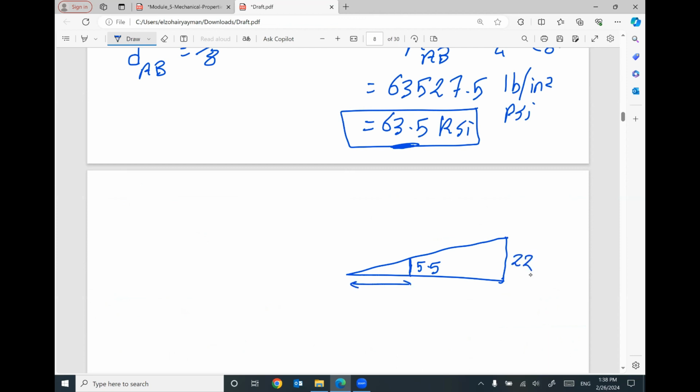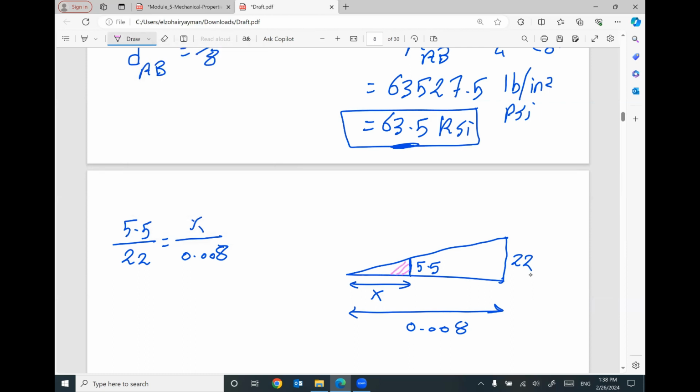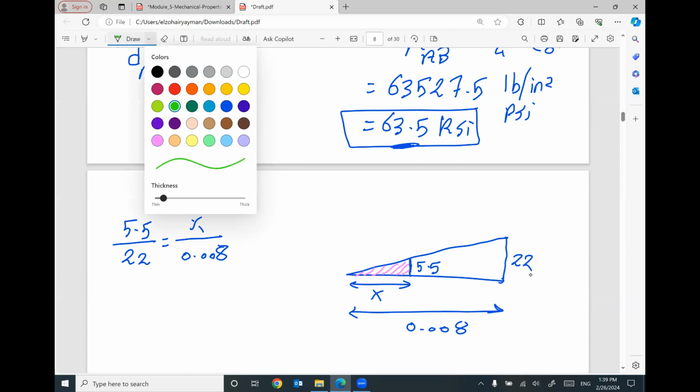This distance I assumed is x, and the whole distance equals 0.008. So I can say 5.5 divided by 22 equals x divided by 0.008. What I did was make a triangle similarity between this triangle and the bigger one.